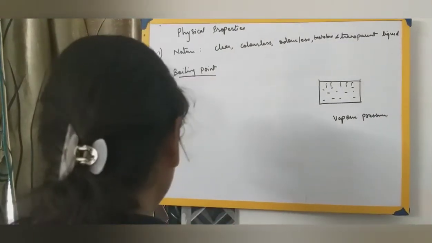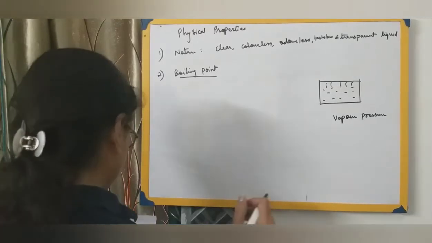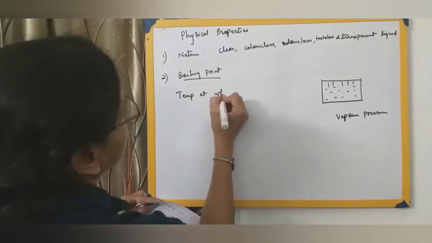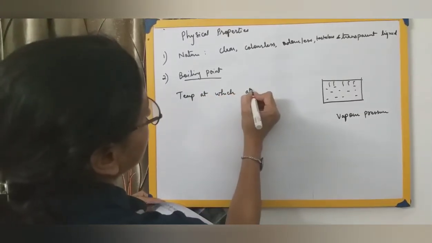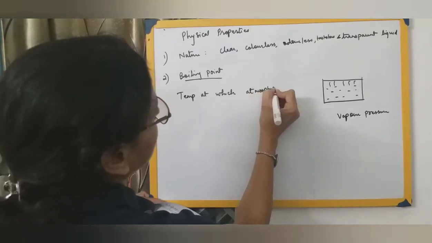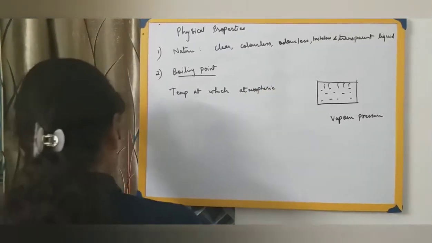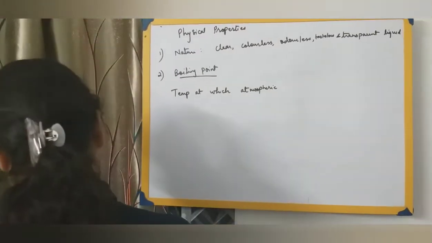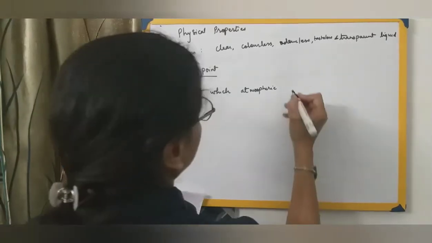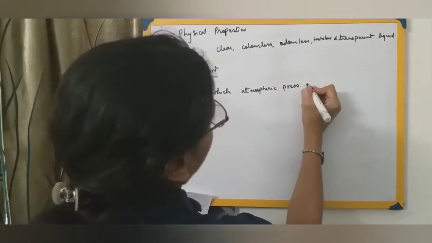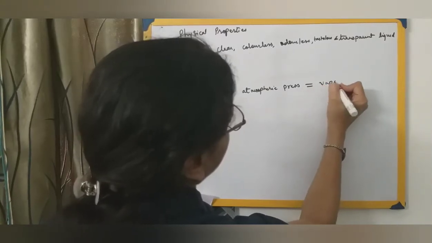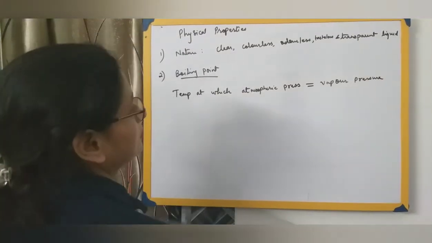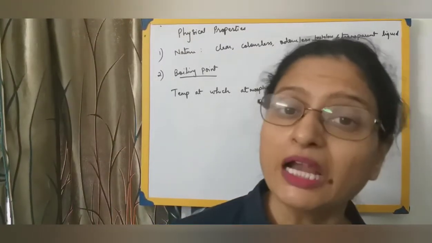Now, the temperature at which the atmospheric pressure becomes equal to the vapor pressure is called the boiling point of that particular liquid.